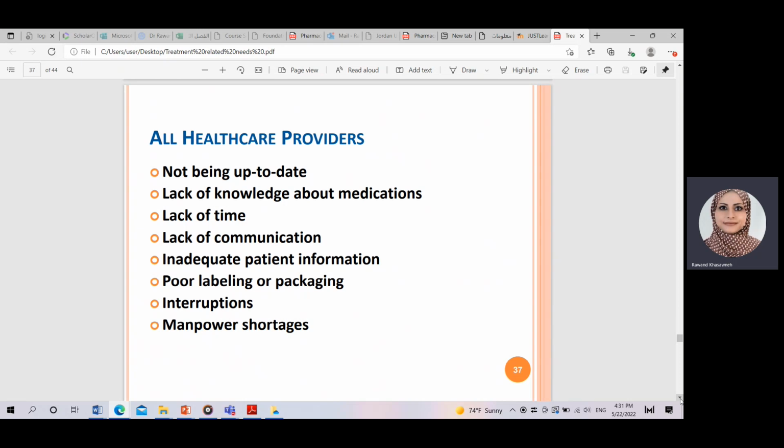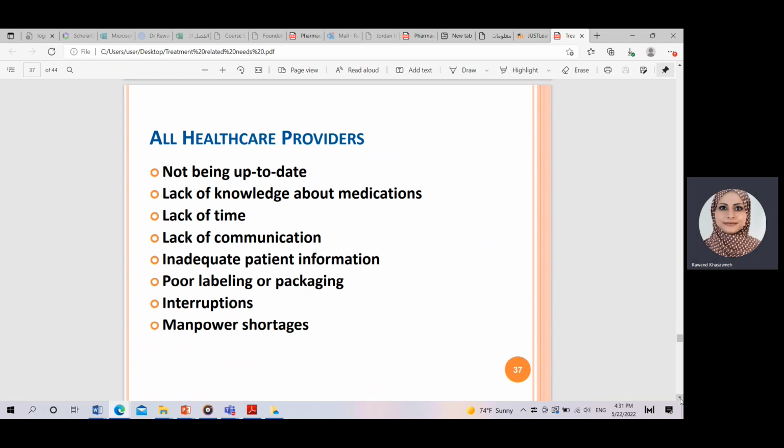If they lack the knowledge about medications, if there is inadequate patient information, and they do not have enough time to collect sufficient data related to their patients. Besides, poor labeling or packaging, interruptions and manpower shortages can also lead to medication errors.